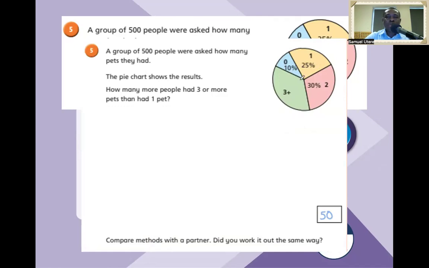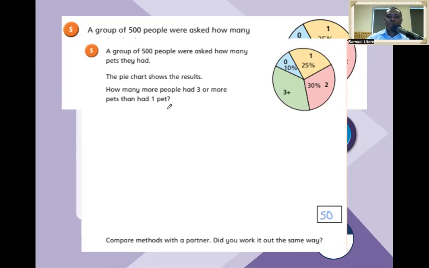So the percentage is given to you. There are different methods to do this. Some people will use a protractor to measure this, but we can just use the percentages to work this out. So we're being asked how many more people had 3 or more pets than 1 pet.